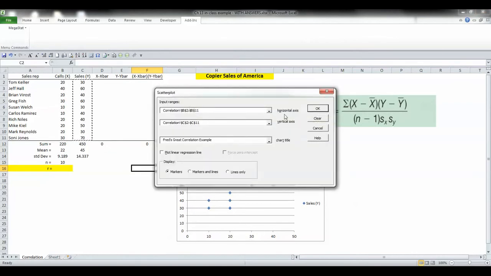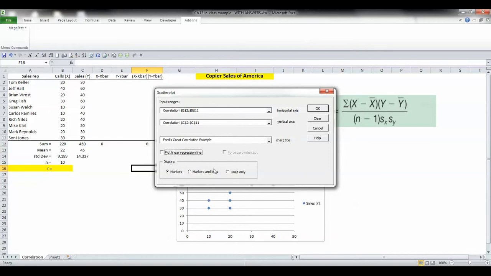So we have our horizontal axis, and remember we generally put the x value along the horizontal axis. And then we put in a chart title, and I've already done that. By default, it'll plot the linear regression line on there, but we're not getting into the regression at this point, so we'll just leave the linear regression line off.